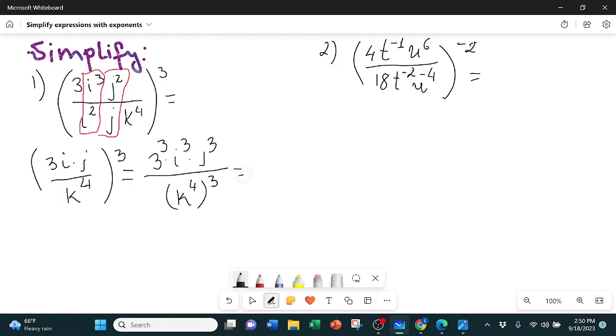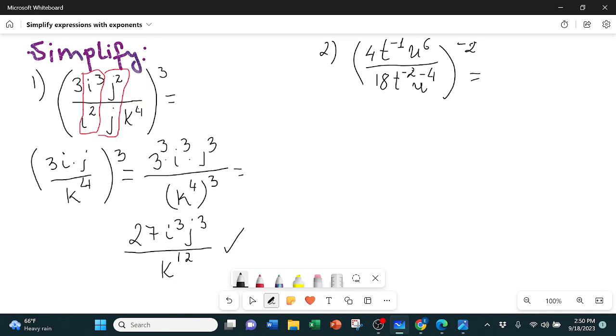So 3 to the third power is 3 times 3 times 3, which is 27. i to the third power, j to the third power, and the denominator in this case is a power of a power, so we're going to multiply exponents. 4 times 3, 12, and we're done.